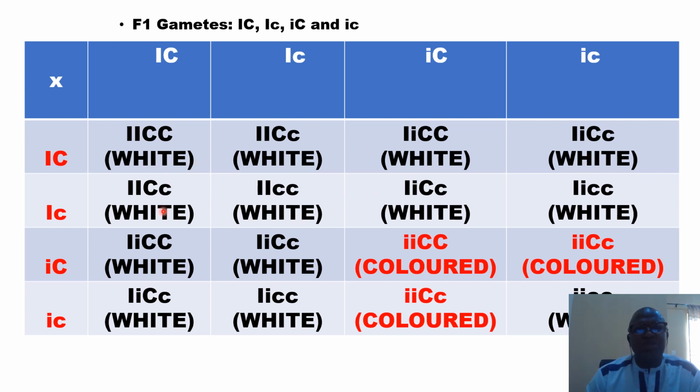You have about 1, 2, 3, 4, 5, 6, 7, 8, 9, 10, 11, 12, 13 that will be white. There will be no appearance of plumage, while you have 3 of them that will be colored because of the influence of the capital C gene, color producing gene.